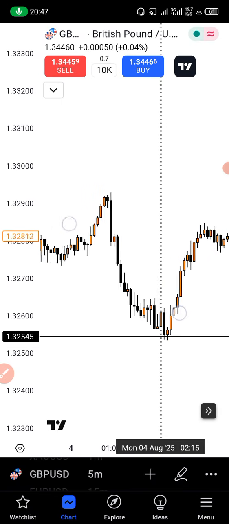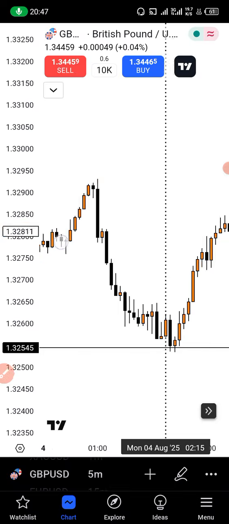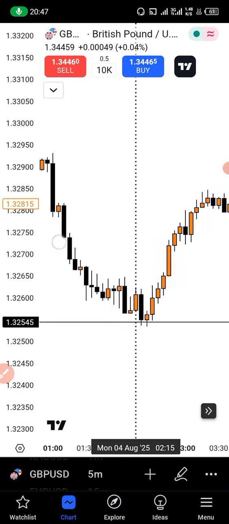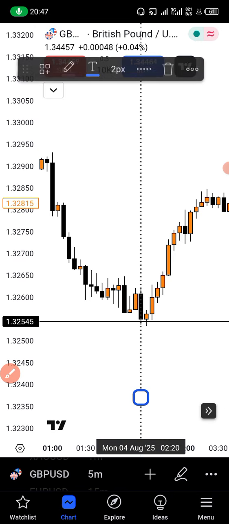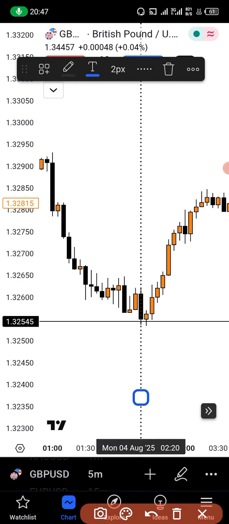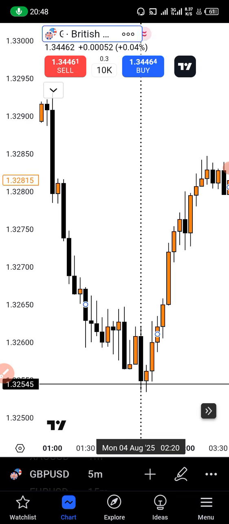Oh God. All right. So now where is the break of structure? Just observe clearly. First of all, where is the line? Consider the line projected from here. Where's my break of structure? Just right here, and this level as well. So how do I enter the trade? If you observe very well, there's actually a break and retest.